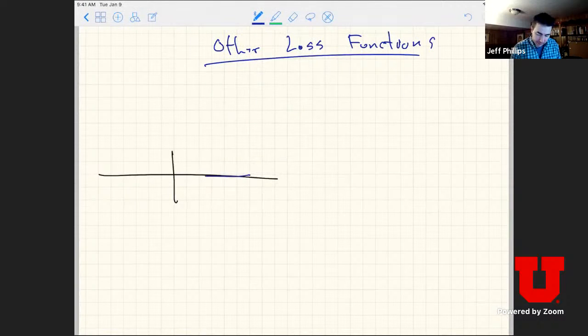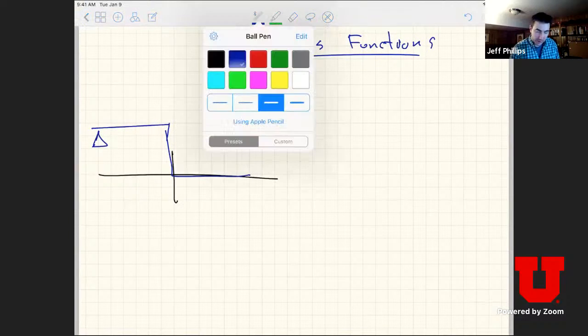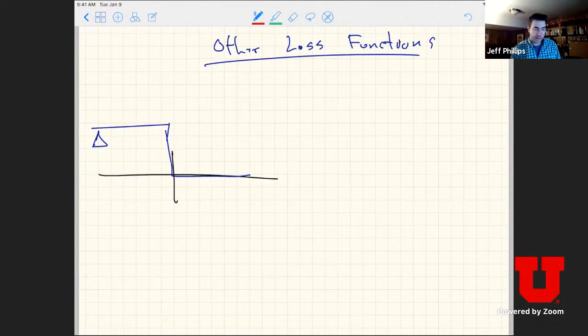So this will be the delta function, and then there's a function called the smoothed hinge. I'll start with the squared hinge loss.